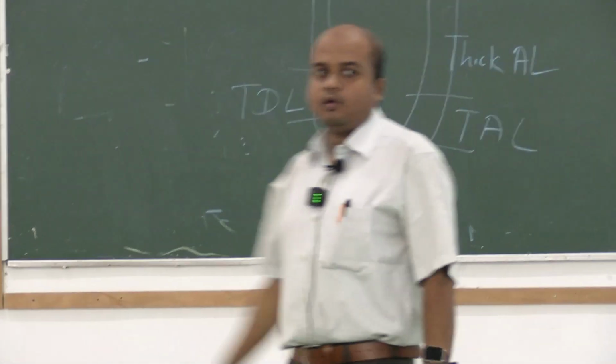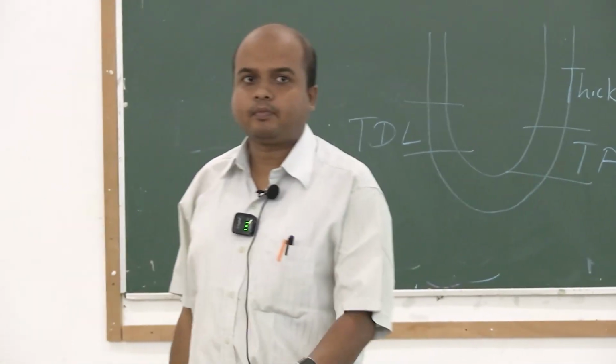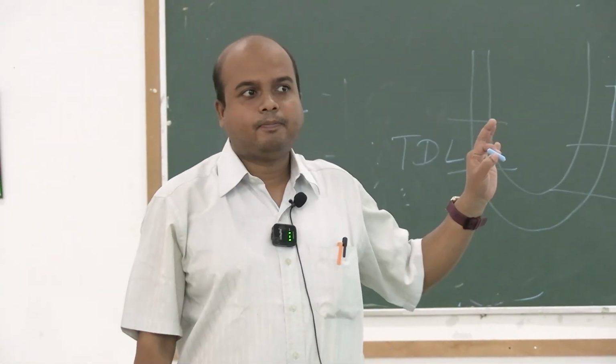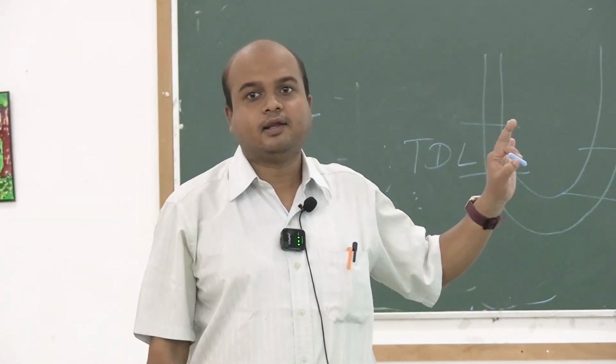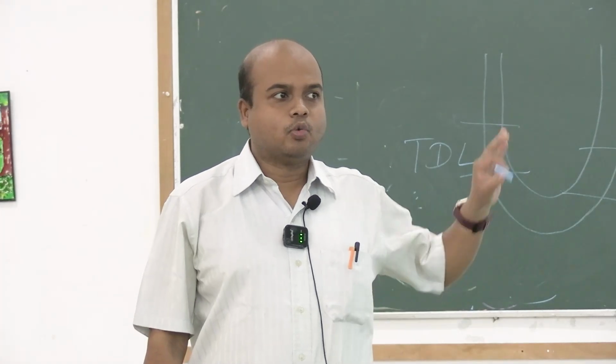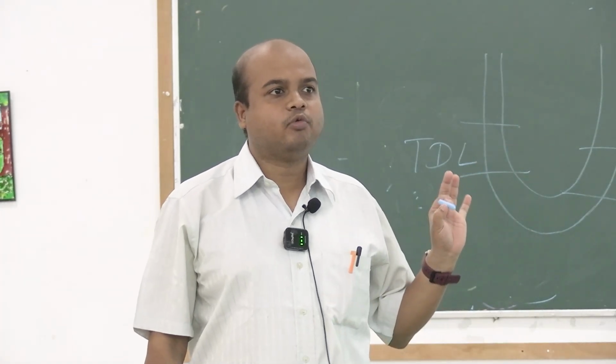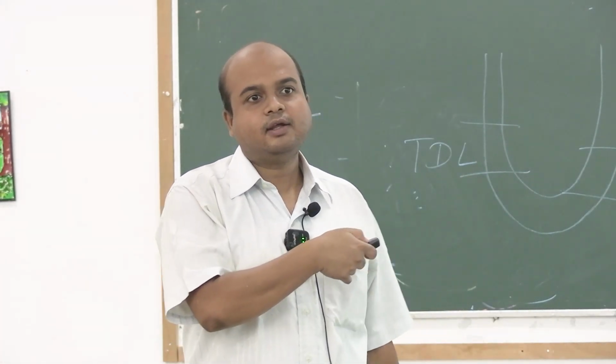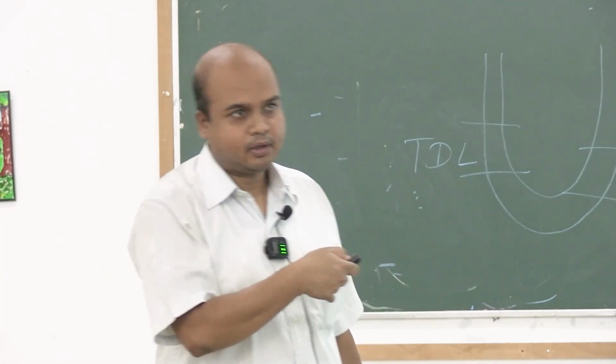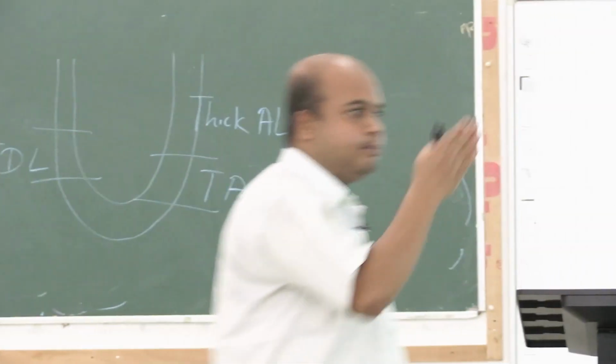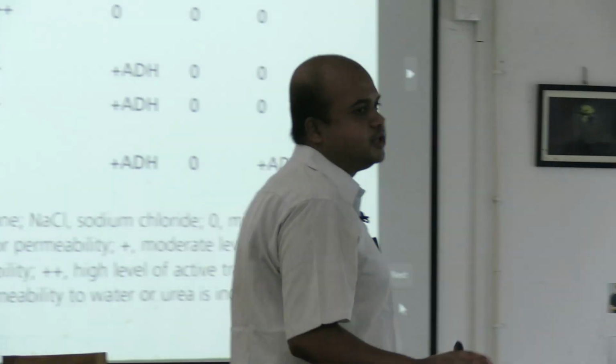But note this down. In the thin ascending limb, it is somewhat permeable to NaCl, but not to water. So where is water reabsorbed? The thin descending limb. So the thin descending limb is the concentrating portion of the tubule, though there is no such term we use as such.